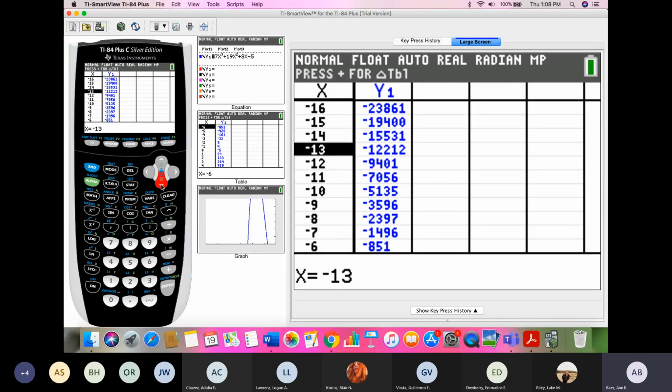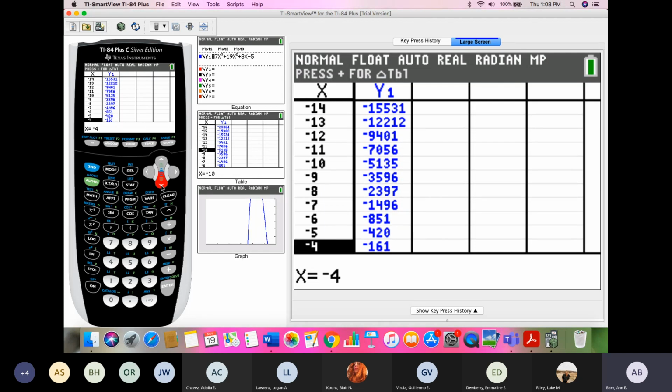Which ones do you check and why? Is the question. We already have eliminated some of those. Let's eliminate -5, because if you look over here, we don't see the number 0. So one of our possibilities was -5, and we can eliminate it because we don't see the number 0 in the Y column.